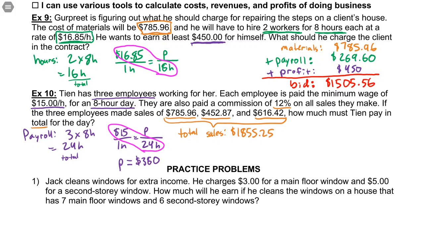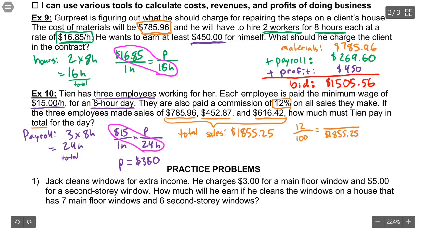So now let's set up our rate with our 12%. So 12 per 100 on the total of 1855.25 gives our total commission pay. Let's make that a C. Her total commission pay is $222.63. No rounding needed.